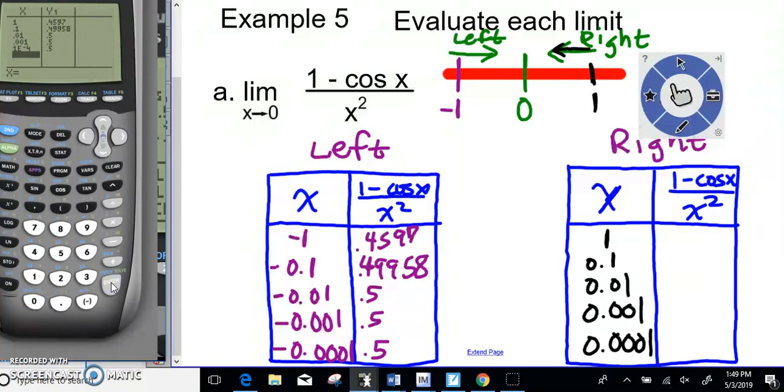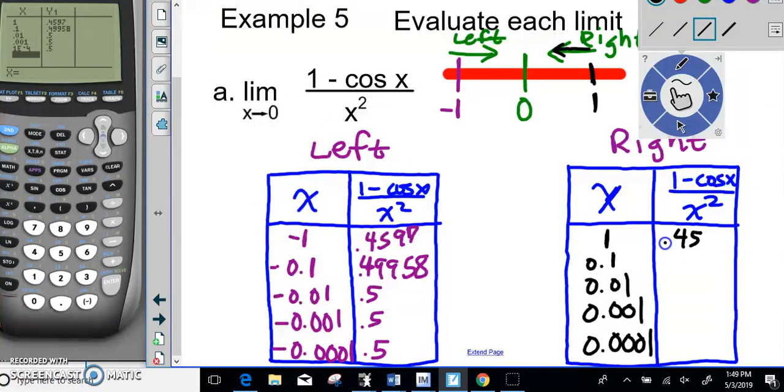Just like that, that's what should have happened last time on the last table. So here we're going to fill these numbers in: 0.4597, and 0.49958, and then 0.5, 0.5, 0.5.